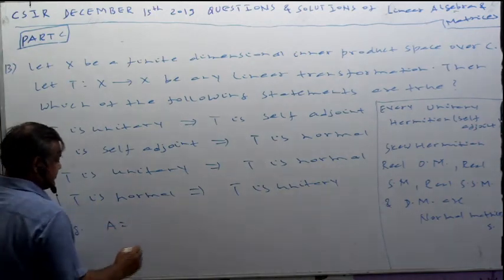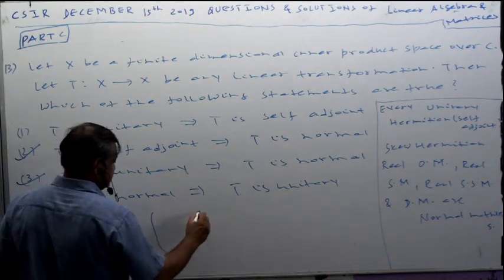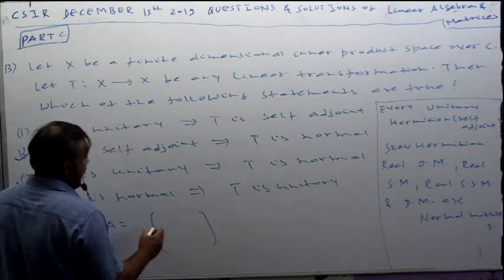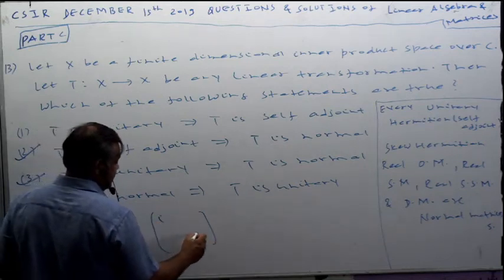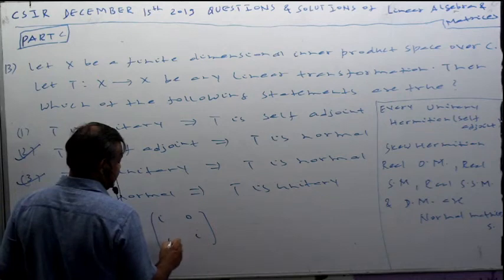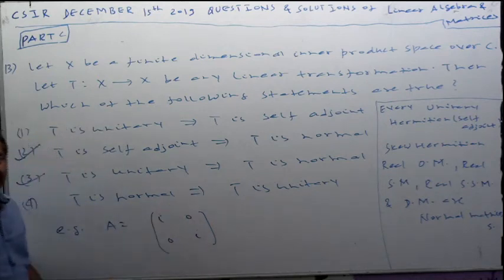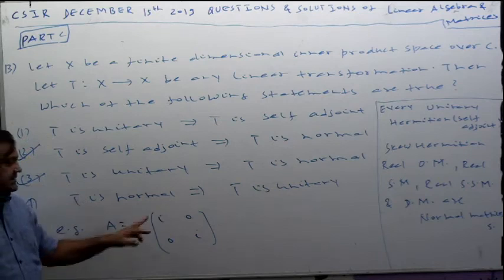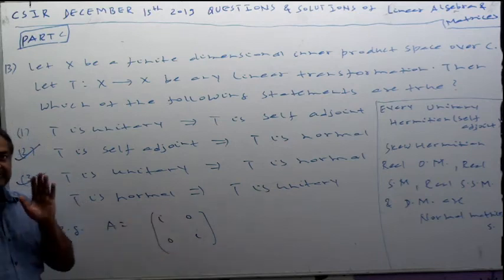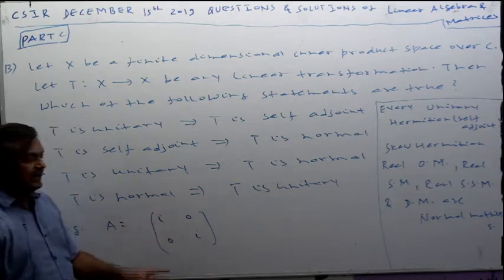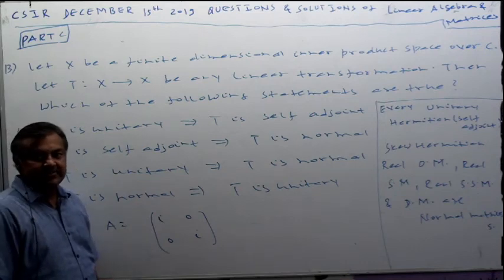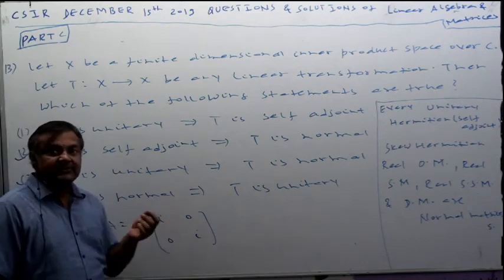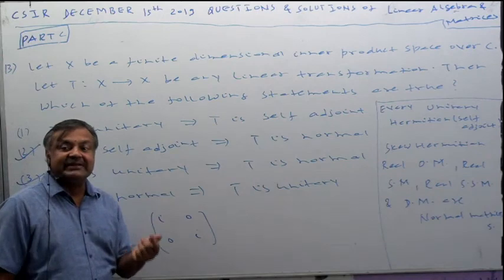A equals [i, i; 0, 0]. Sum of the squares of the modulus of elements in each row is equal to 1. And this into this conjugate plus this into this conjugate is 0. This is unitary, but it is not Hermitian, because diagonal entries of Hermitian matrices are always real.